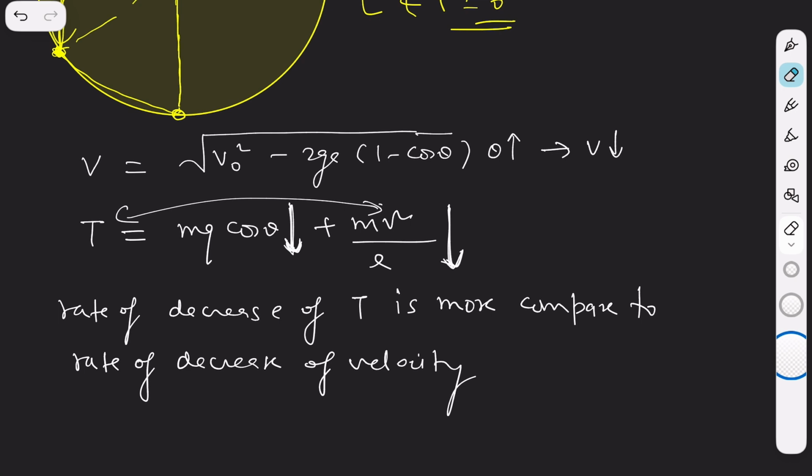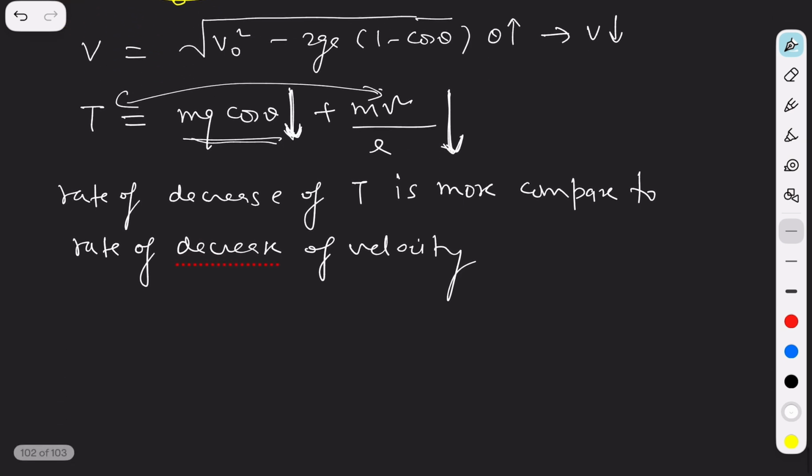But here mg cos theta is also a factor added, and it is also decreasing. So the net rate of decrease of tension would be more compared to the velocity's rate of decrease. What we can conclude from here is that tension will become zero first compared to the velocity.